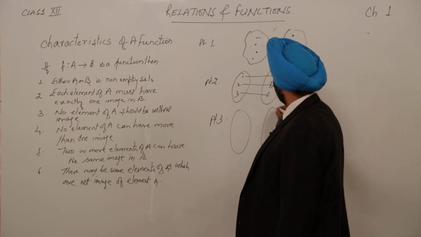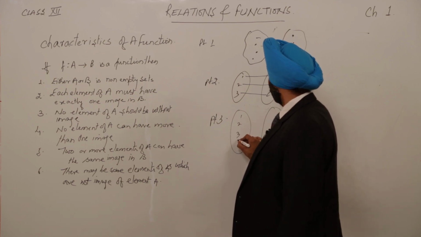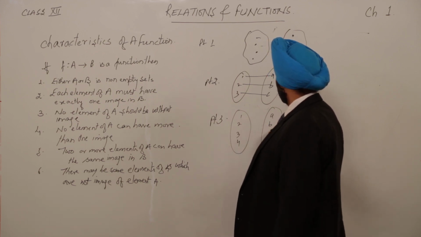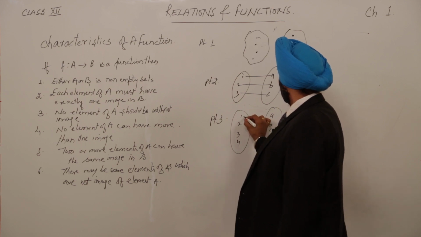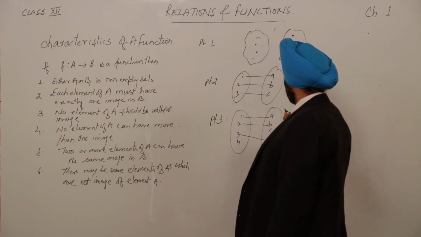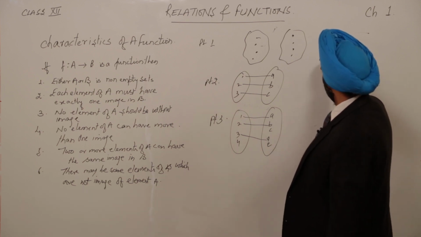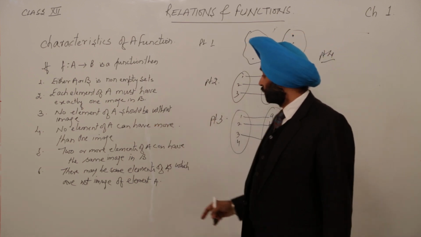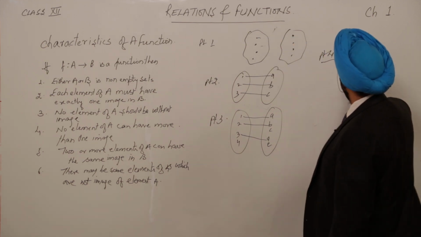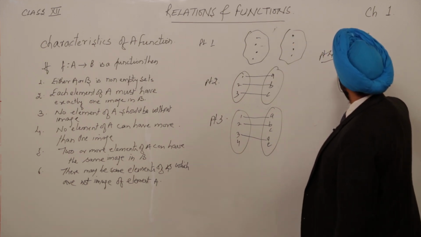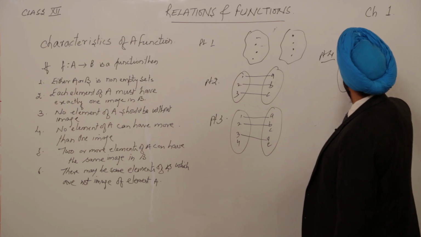Point 3: 1, 2, 3, 4, A, B, C, D, E. Here this one. This is point 3. Now point 4. Point 4 is no element of A can have more than one image. 1, 2, 3.